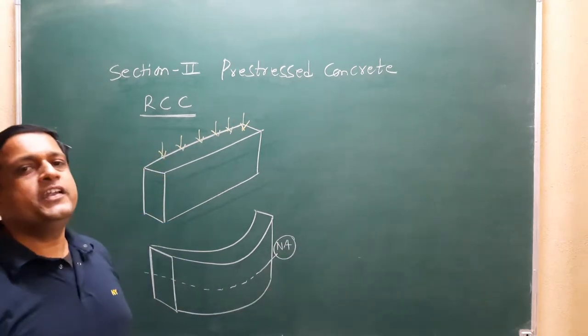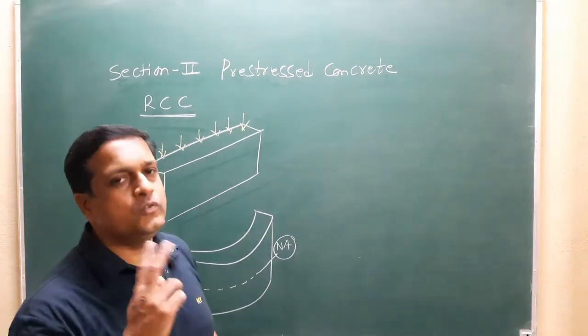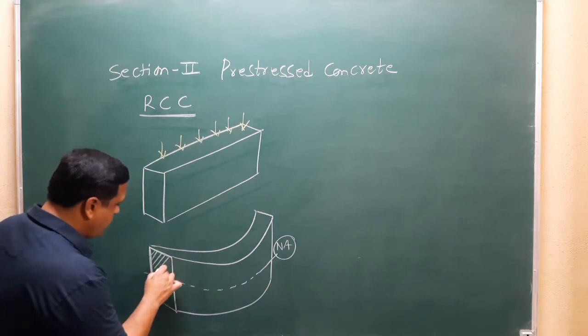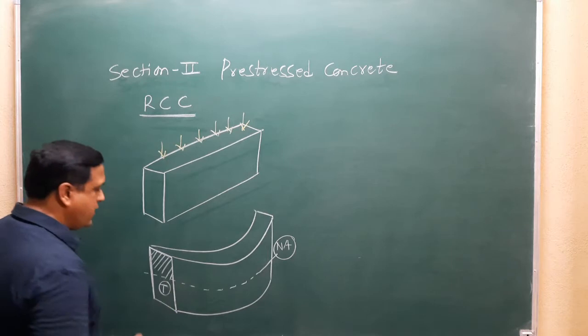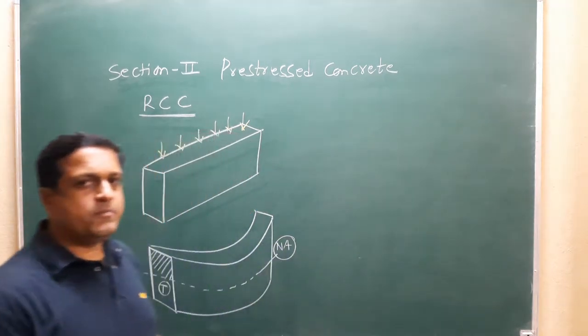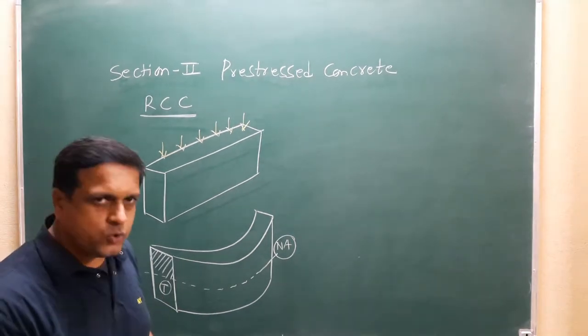Due to that neutral axis, two zones are developed. One is the compression zone, and another is the tensile zone. Above the neutral axis, there is development of compression zone due to the simple bending of beam. And below the neutral axis, there is development of a tensile zone.